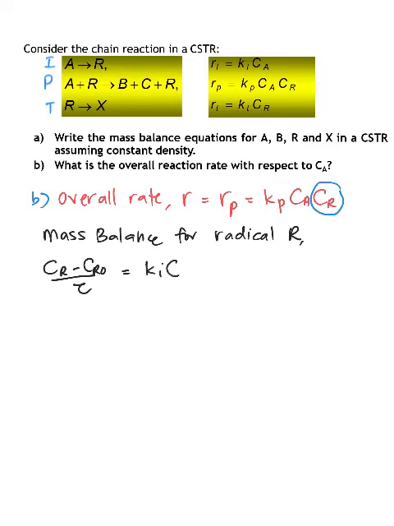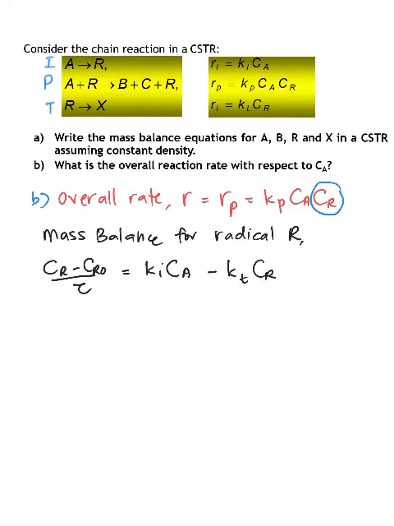KI CA. In the second step, R disappears and also R appears, so we can cancel out those terms. Then followed by the termination step, R will decompose, so minus KT CR.